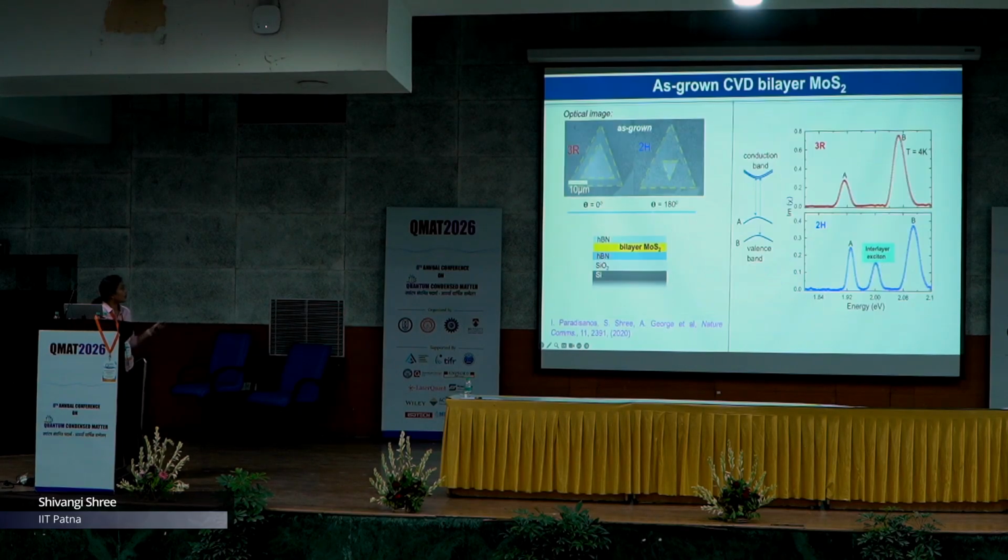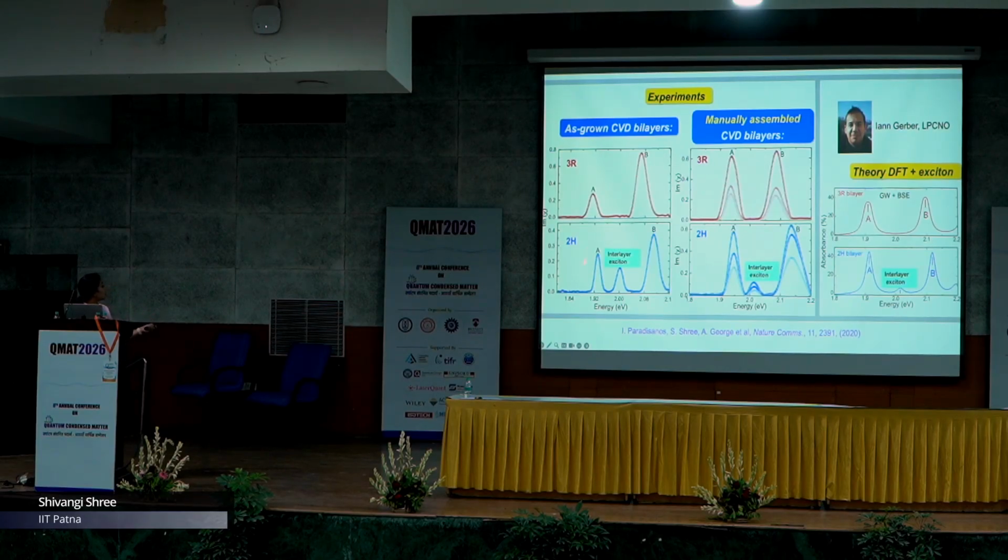And why I did this, because I wanted to do this manually and see how clean these CVD flakes are. This was as grown, shown on the left, and then I manually transferred the as grown monolayers and made 2H and 3R stacking, so 0 degree and 180 degree aligned bilayers.